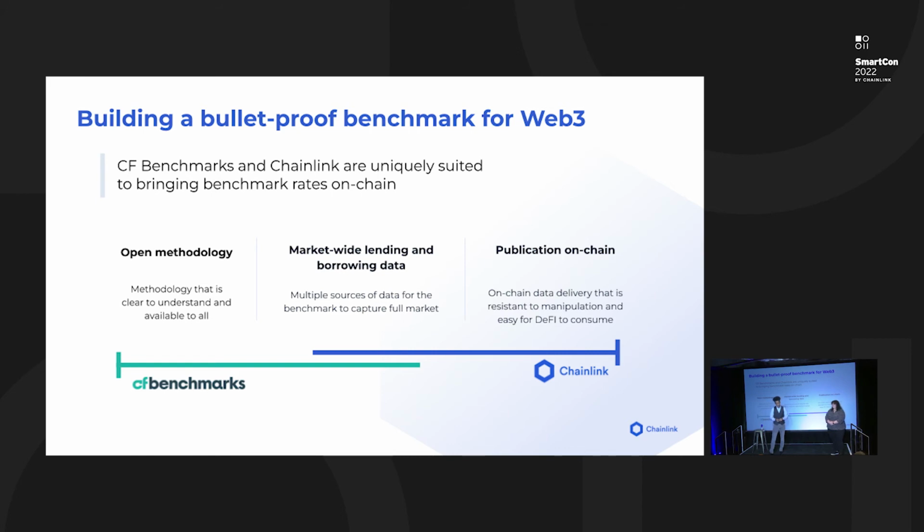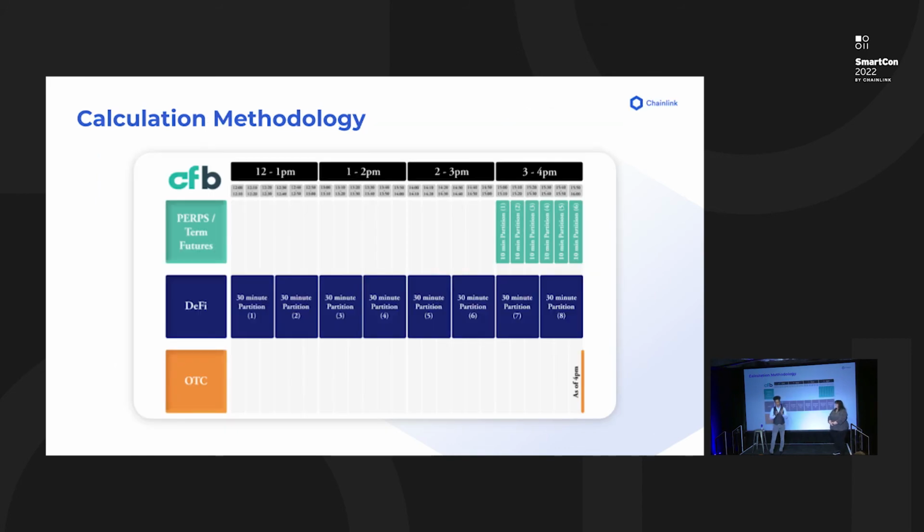And we are pulling data from 3 distinct sources. The first one is derivatives markets, so the futures markets, so perps and fixed-term futures. This is probably, in terms of size, the largest markets. So these are the markets you see on venues like the CME or Binance or FTX.